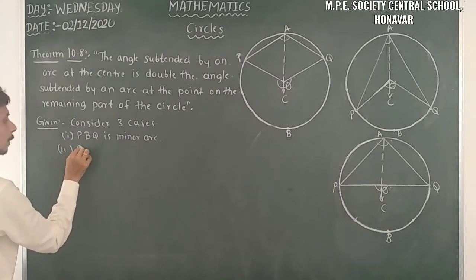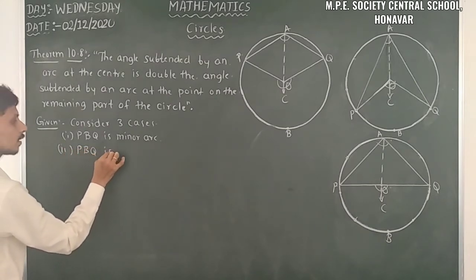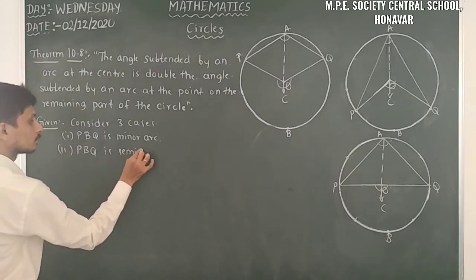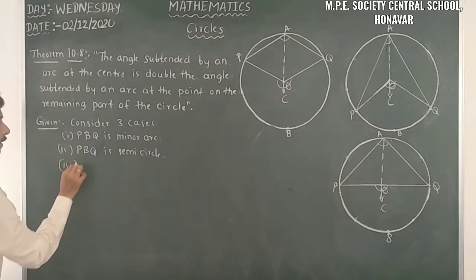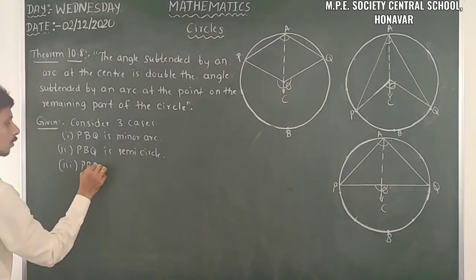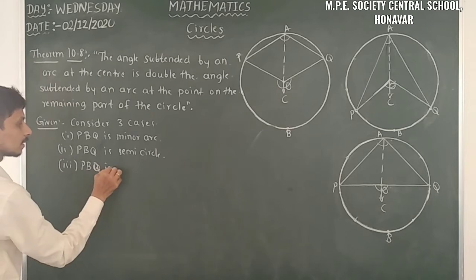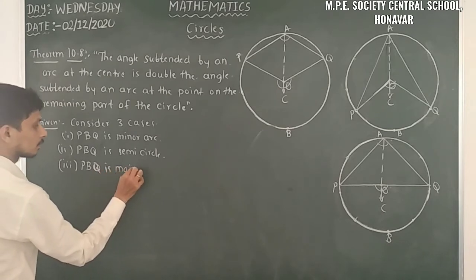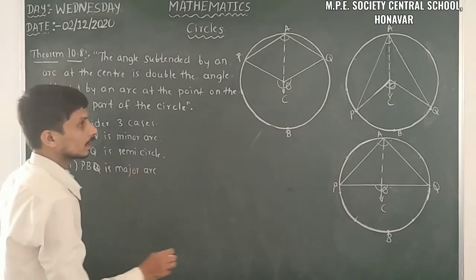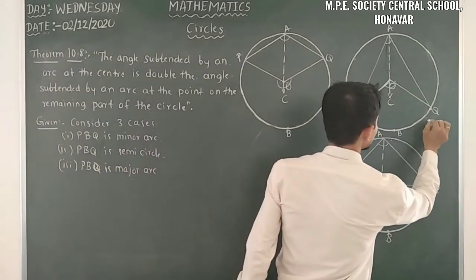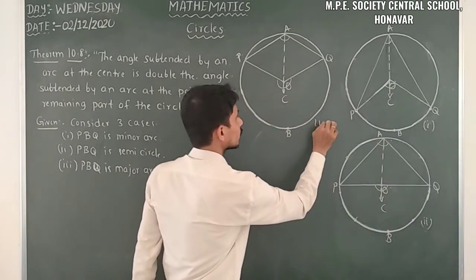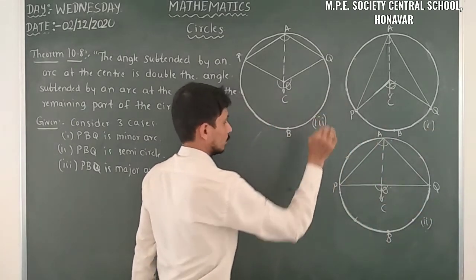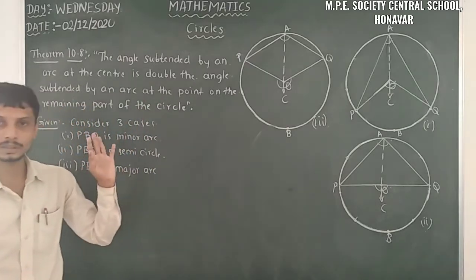Secondly, PBQ is a semicircle. And third one is PBQ is a major arc. So here I am giving the names: this is the first one, this is the second one, and this is the third one.